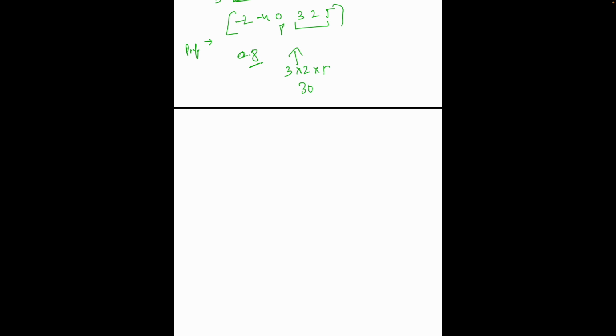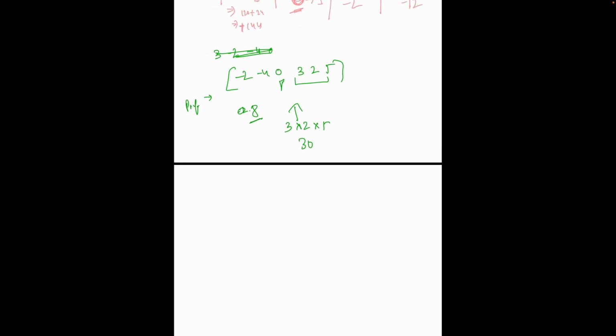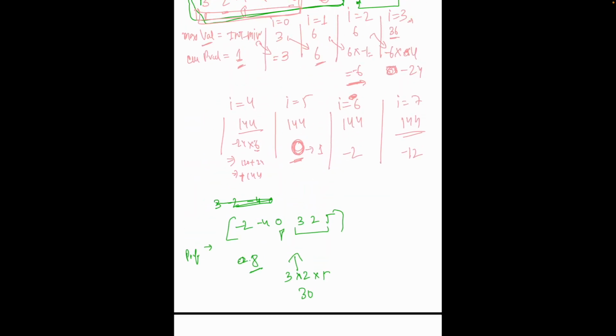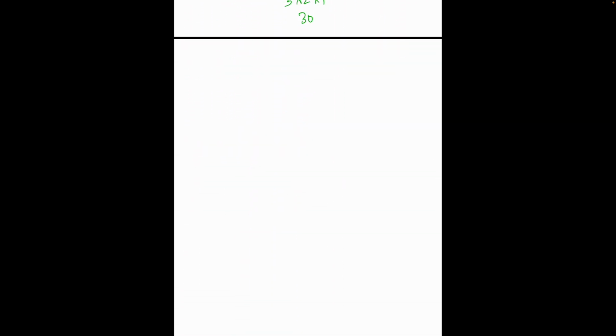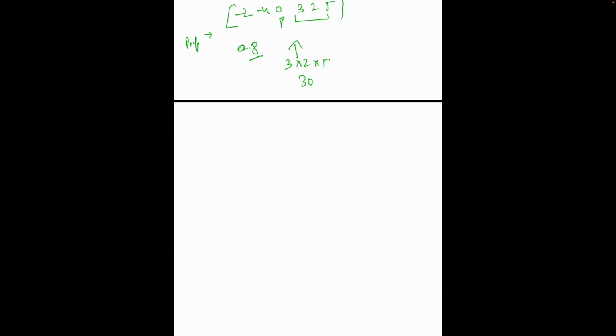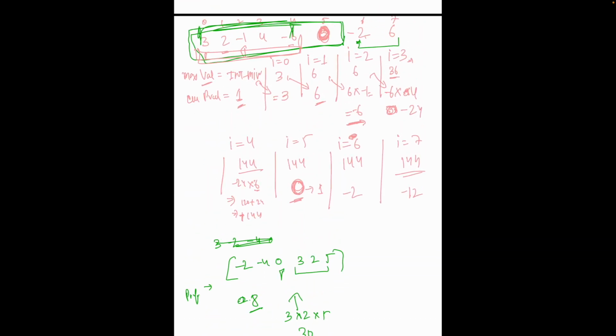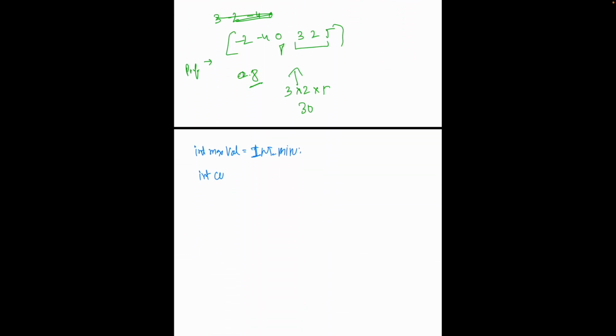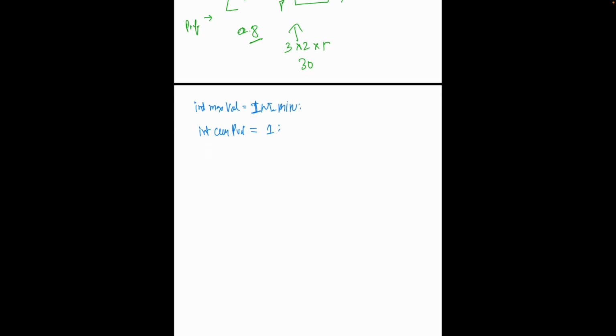So let me code this. We are taking two values. The max value will start with int min, because nothing can be smaller than int min. Then we have current product, which will start from 1, because nothing is going to be in the back.